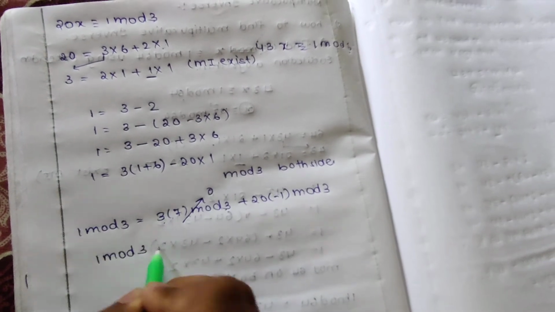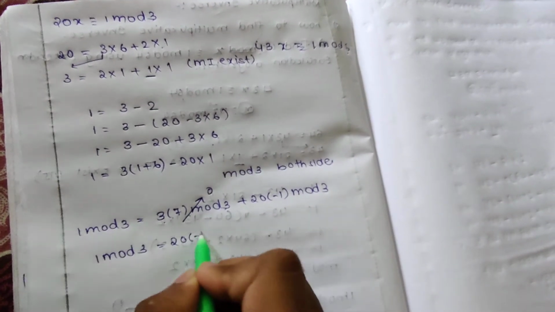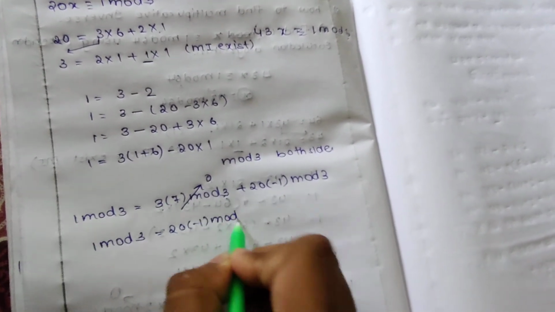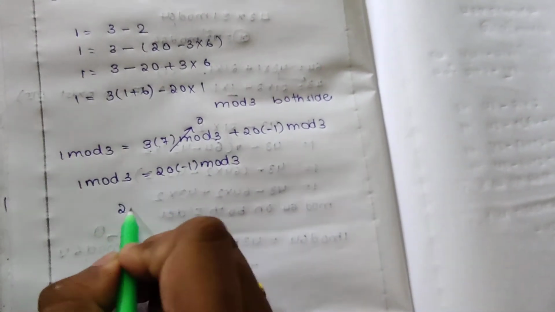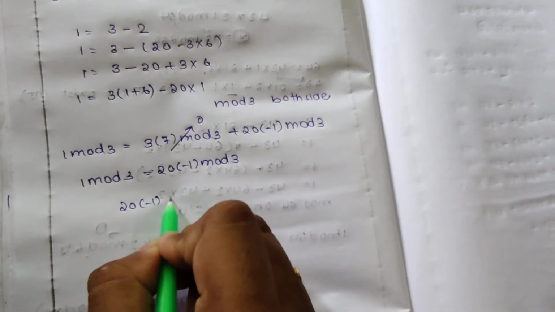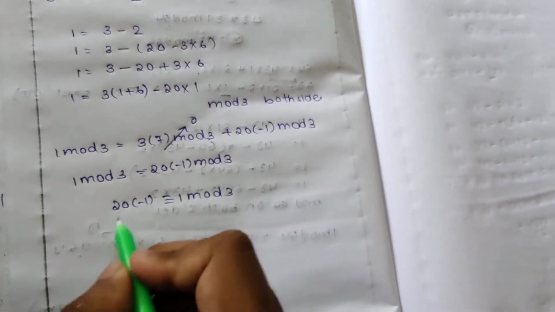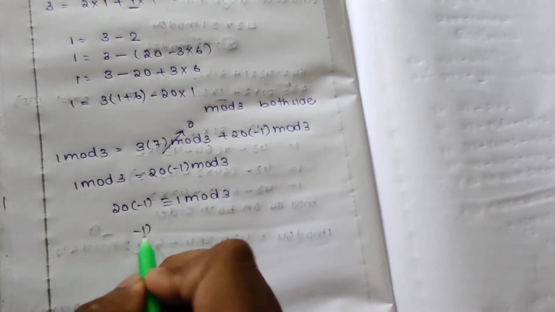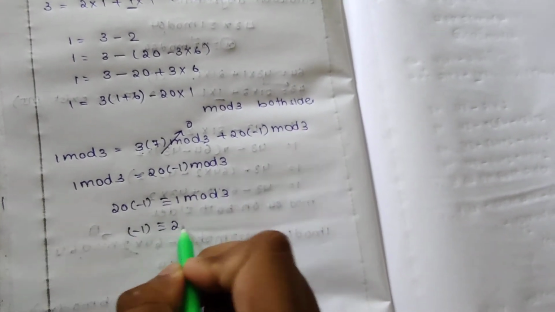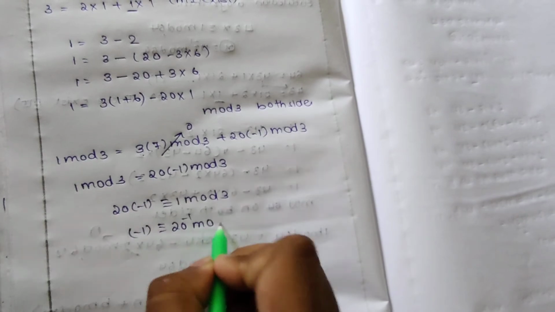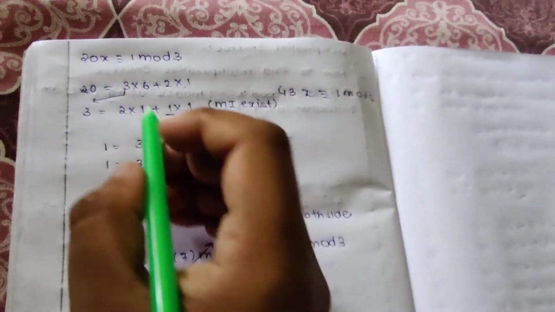Now 1 mod 3 is equal to 20 into minus 1 mod 3. By the modular concept, 20 into minus 1 is congruent to 1 mod 3. If we transfer this, minus 1 is congruent to 20 inverse mod 3. Hence, the x value is minus 1.